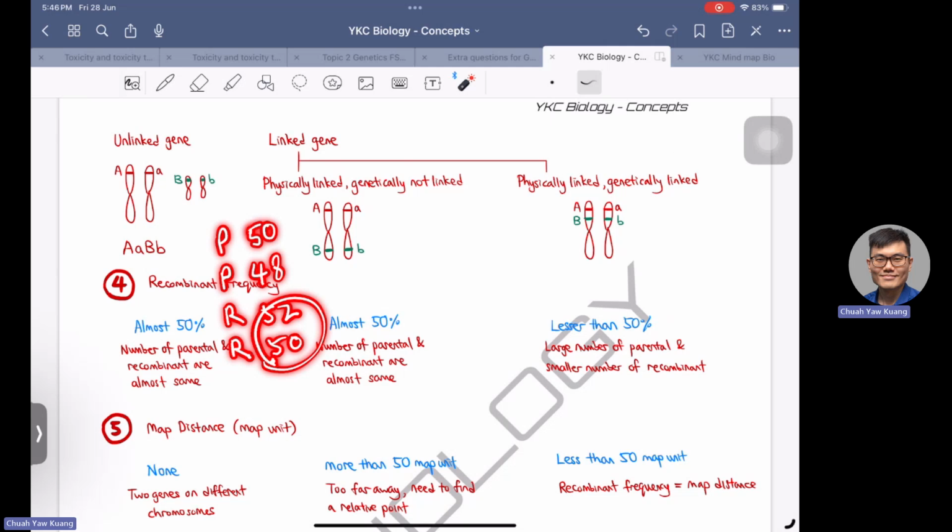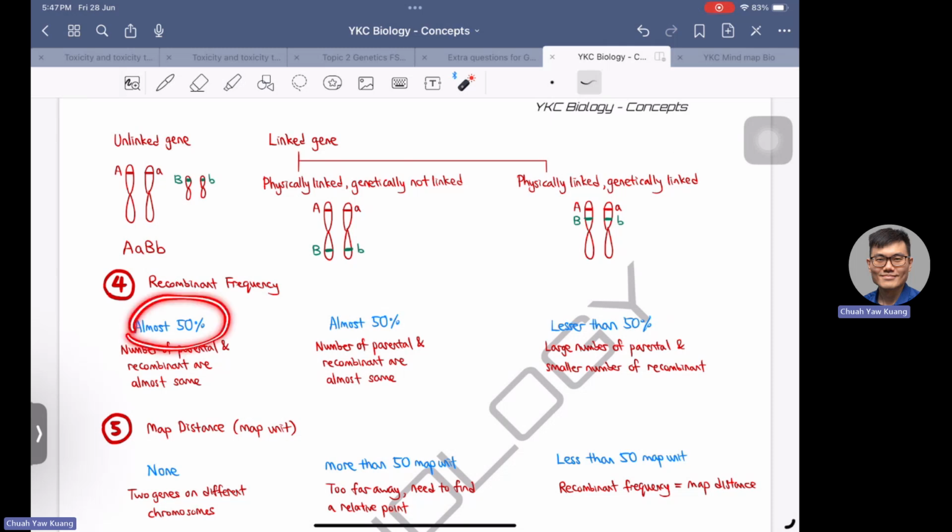So it is okay if it is very close to 50%, from 49.5 and above until 50.5 and below. That means it is actually having the same number of parental and recombinant, so the recombinant frequency will be almost 50%.